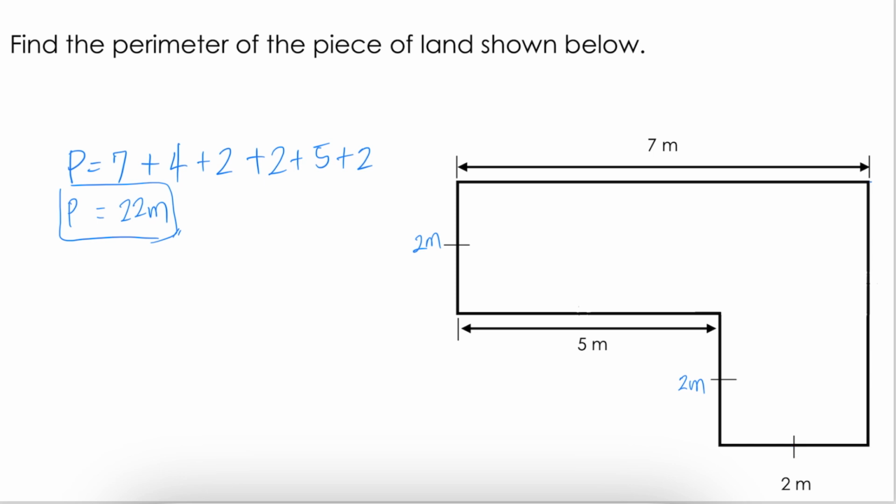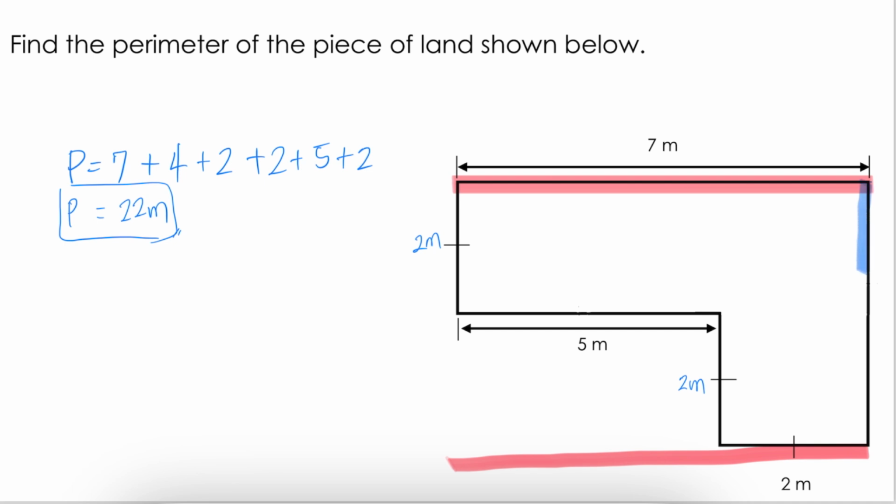So let's try to visualize that. This side is actually the same length as these 2 meters and 5 meters combined, right? And then this one here, the blue line, would actually be the same length as this line.